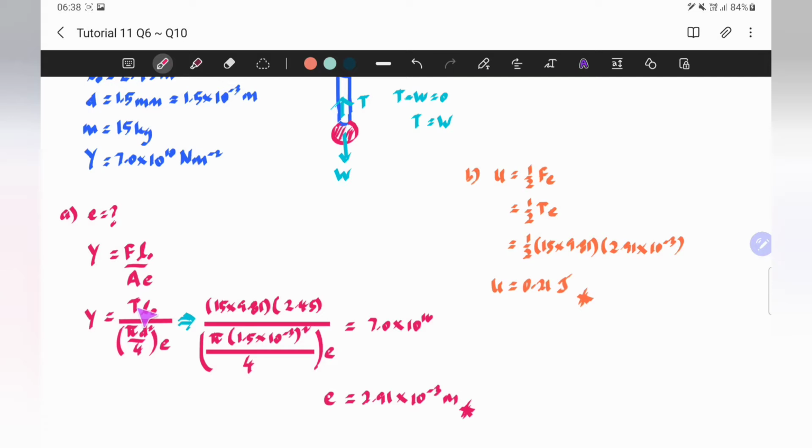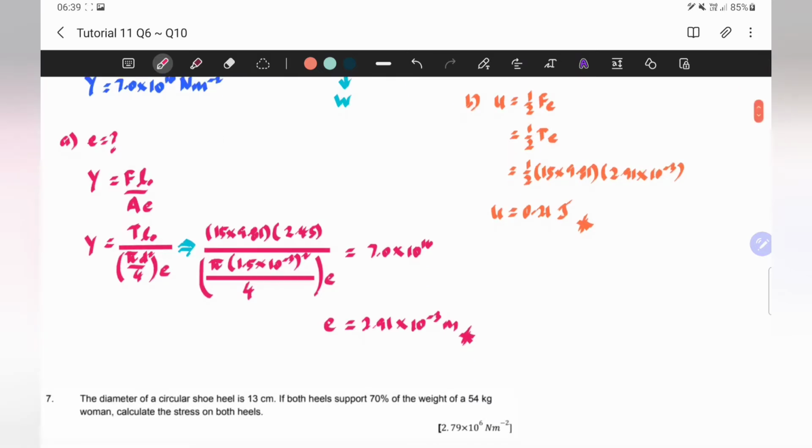We substitute the tension, which equals W, which is mg, and then L0, pi d squared over 4, and Y equals the Young modulus, 7 × 10^10. By calculating everything, you will get the elongation or extension, which equals 2.91 × 10^-3 meters.